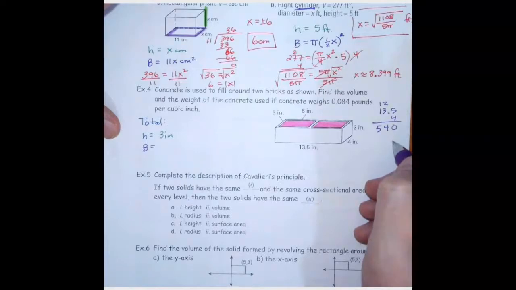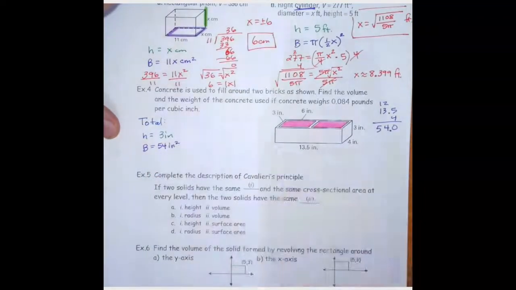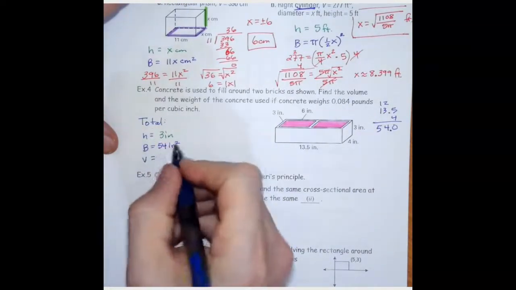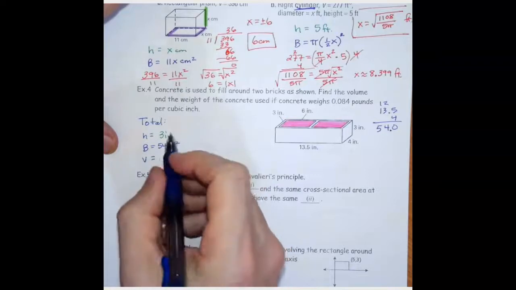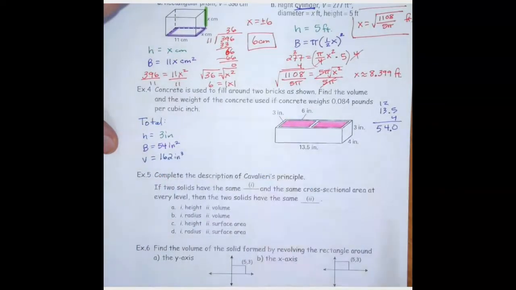And there was 1 decimal, so that's going to be 54 inches squared. And then the volume is going to be that times that, so 150 plus 12 is 162 inches cubed.